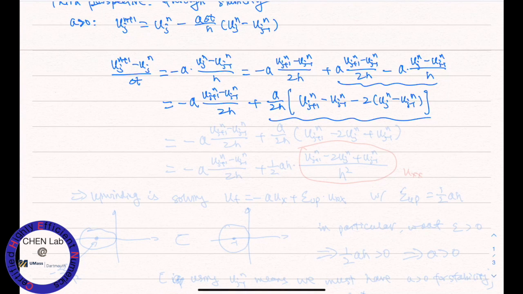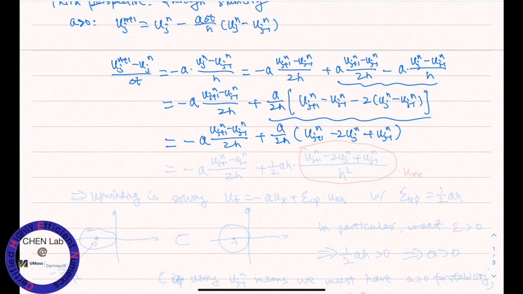Okay, and if you take a closer look, you see something that you're suspiciously familiar with. So this is a over 2h. What is this? It is u_{j+1}^n. We get minus 2 u_j^n. For u_{j-1}, you have minus 2 plus minus 1 plus 2, so this is plus u_{j-1}^n. Alright?